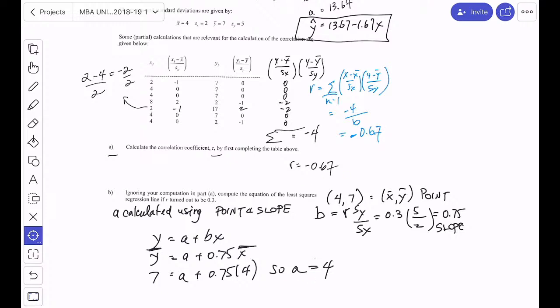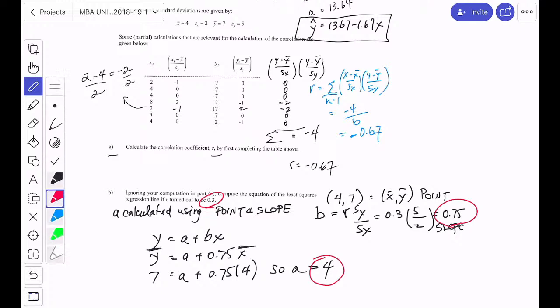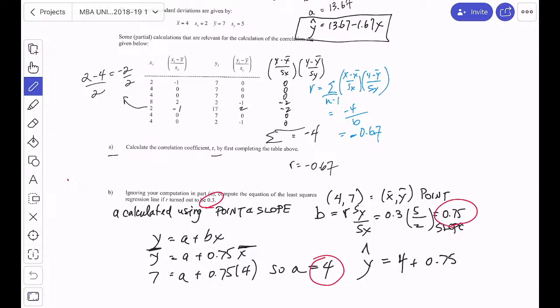Okay, so this is our A. This is our B. And this is, well, we don't really need it, but this was the R that they gave us, 0.3. So the final answer is y hat equals 4 plus 0.75x. And that's it.